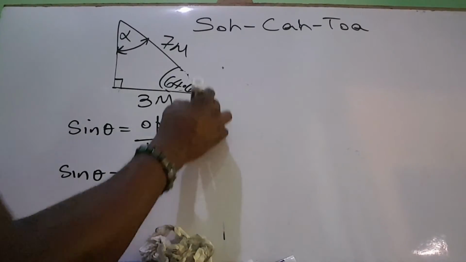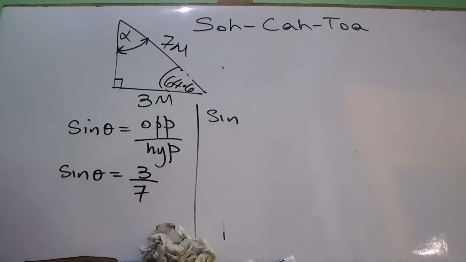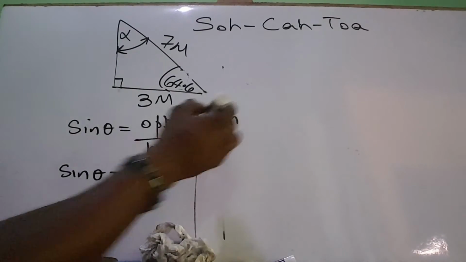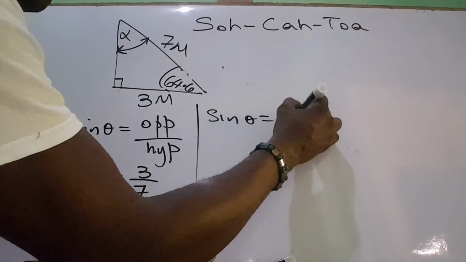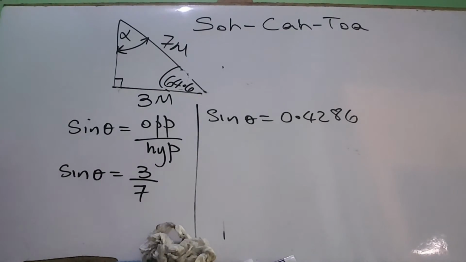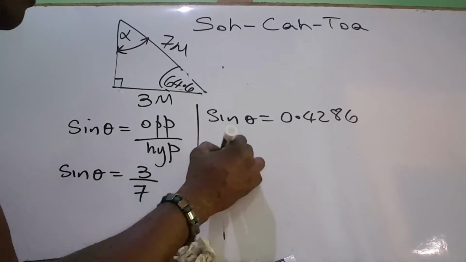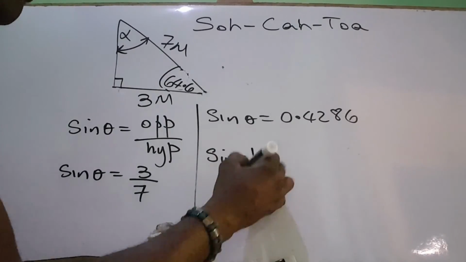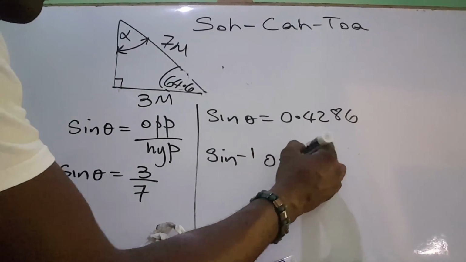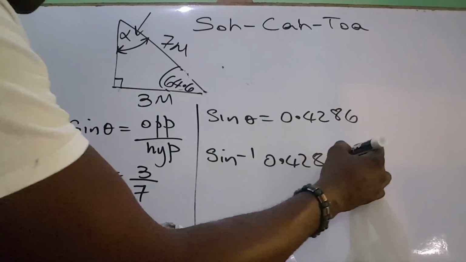So what are we looking at? We're looking at the sine of the angle, which is 0.4286. So therefore, the inverse sine of 0.4286 should give us this angle that we're looking for up there.